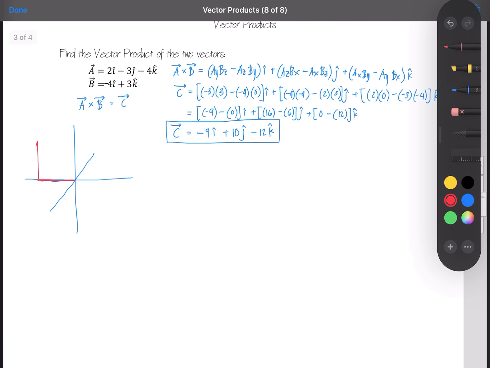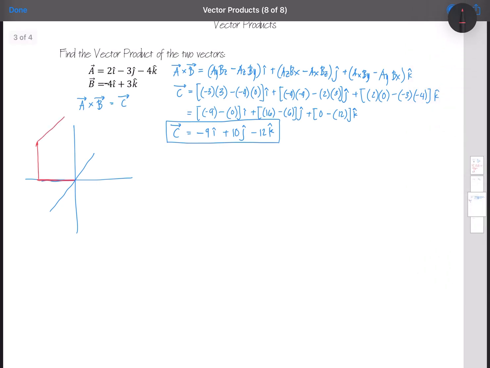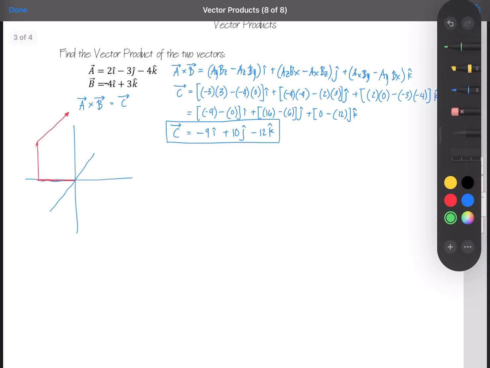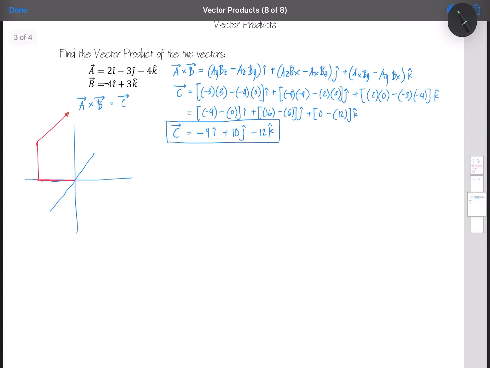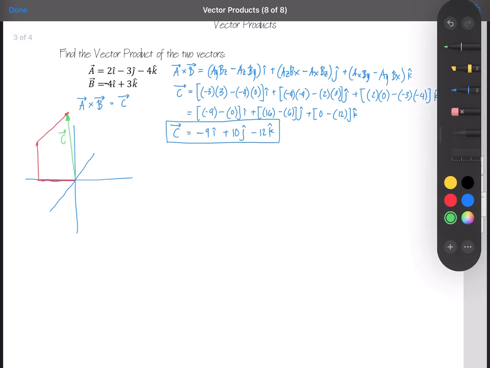If you are going to illustrate that, it's somewhere here. So what is our vector now? We now connect that. This is now our C, the illustration of vector C: negative 9 i hat plus 10j hat minus 12k hat. That unit vector actually contains already the magnitude and the direction.